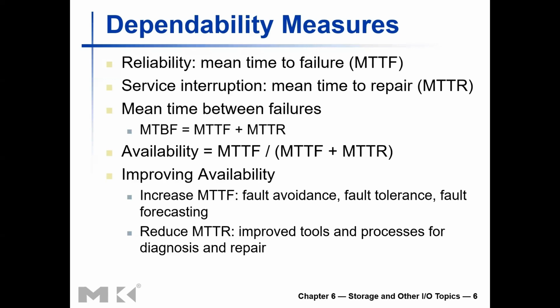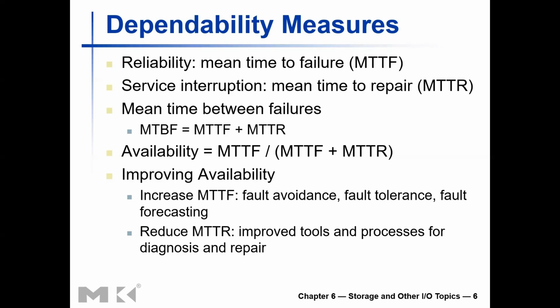And improving availability. How? To improve availability, we need to increase MTTF, the mean time to failure. That is the time the system will be available.